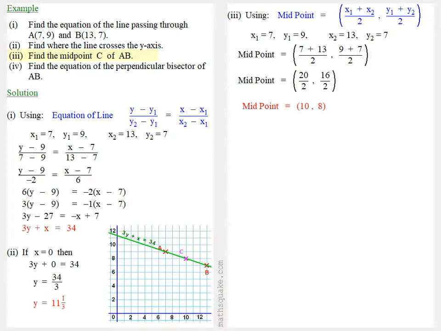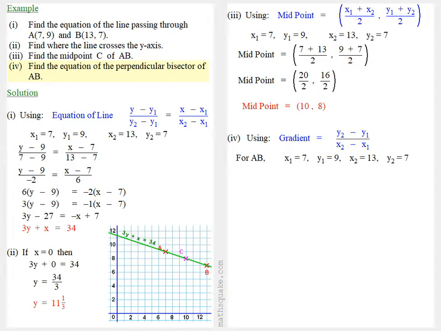Now in part 4, we have to find the equation of the perpendicular bisector of AB. Well, we're going to use the formula. The gradient is (y2 minus y1) over (x2 minus x1), and first of all find out the gradient of AB. x1 is 7, y1 is 9, x2 is 13, and y2 is 7.